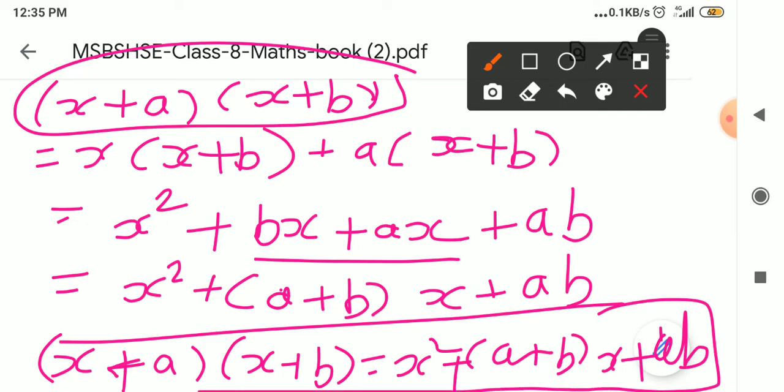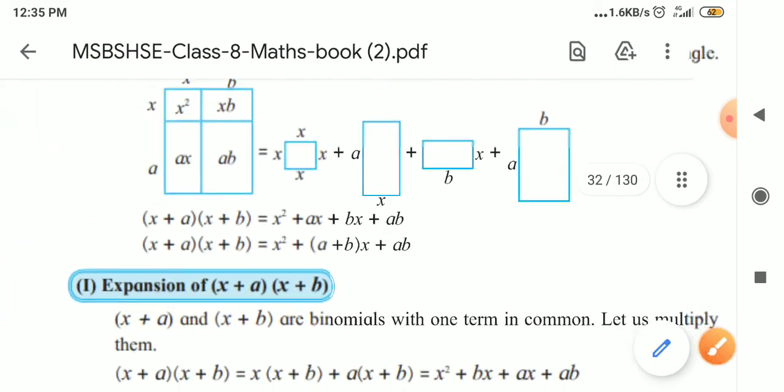How to apply this, that I am going to teach you in the next lecture. So this you have to make perfect. That is important. How this formula was derived will not be asked in the exam, but the application of this formula is definitely asked in the exam.